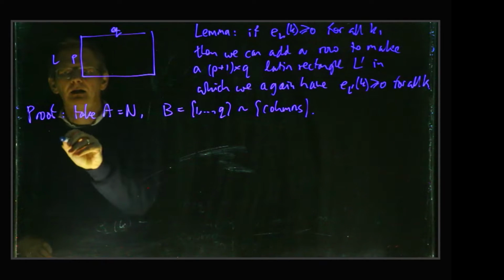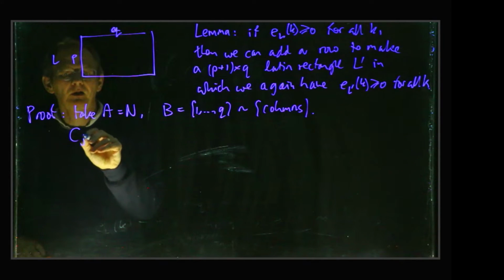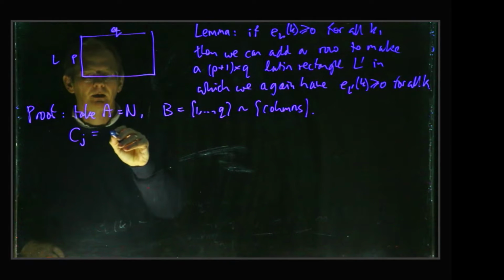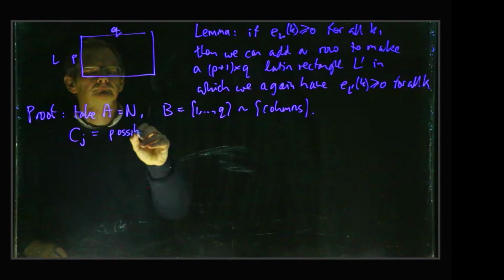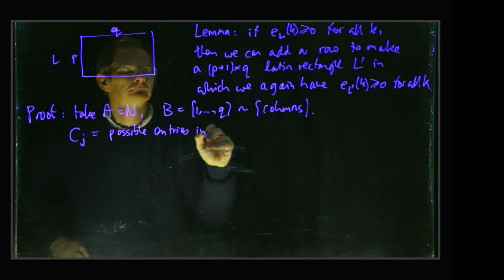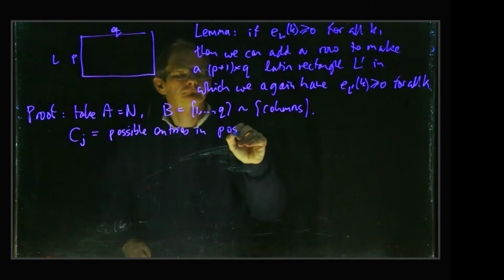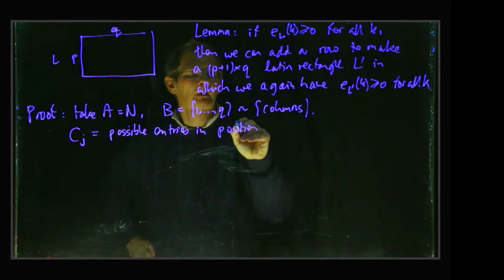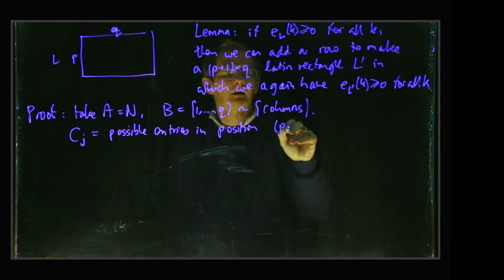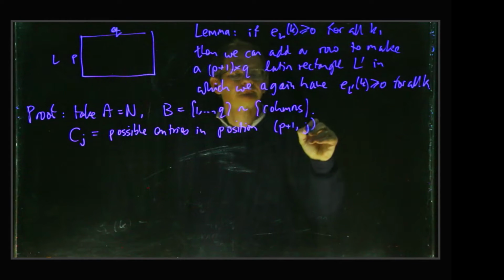Then again, as we did in the last proof and in the previous video, C_j is the set of possible entries in position (p+1, j).